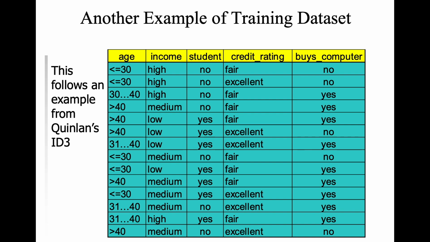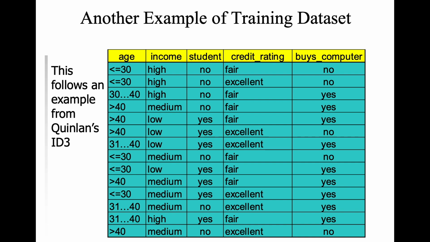Because for all the rows where age is greater than 40 years old and the credit rating is excellent, the class label is the same. For all of them it is, for example, no. So we don't need to further classify, because what is the role of a classifier?